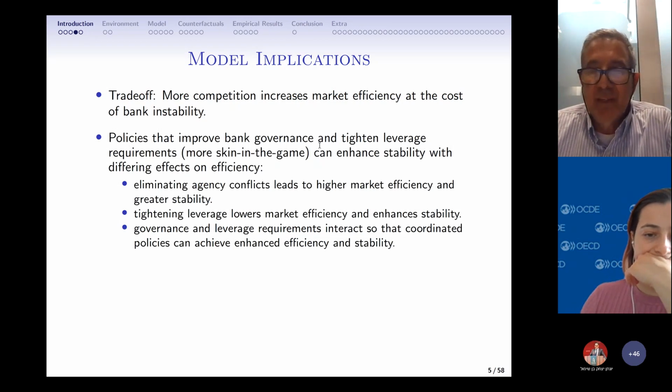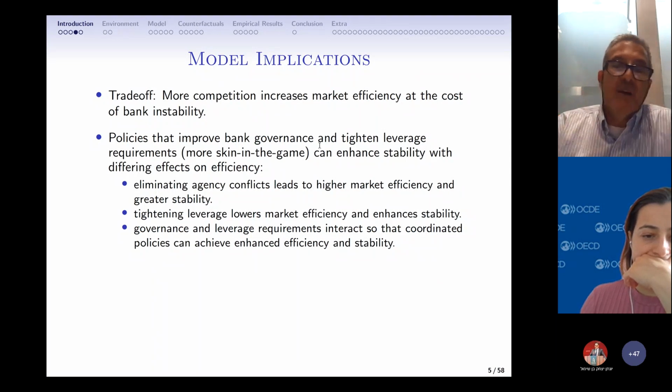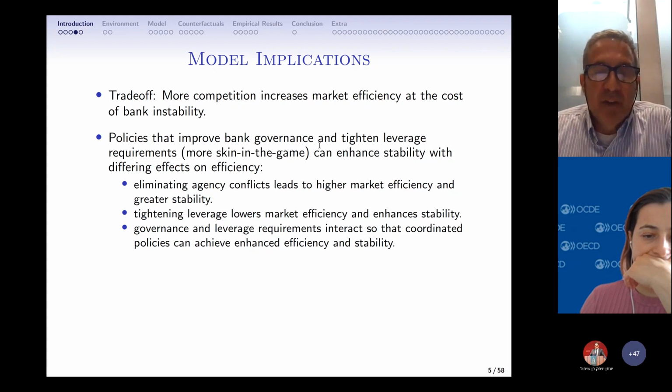Ross was on the European Stability Board at the ECB, and one of the things they focus on a lot is the role of bank governance. So our model is going to have a real role for bank governance. You'll see what I mean by that.